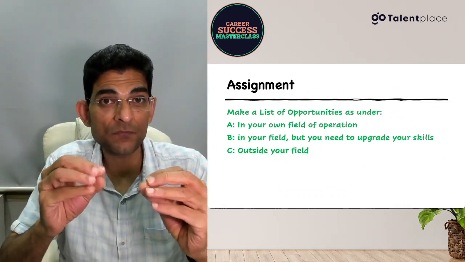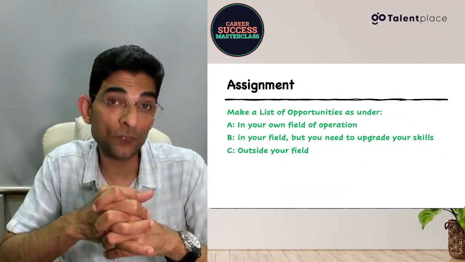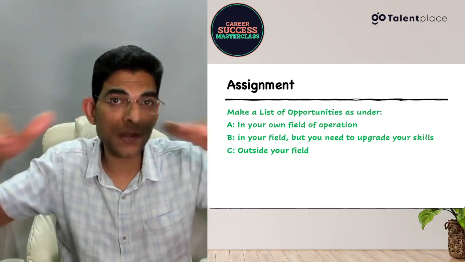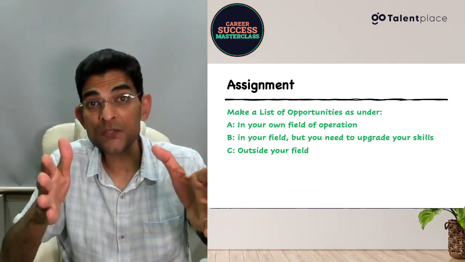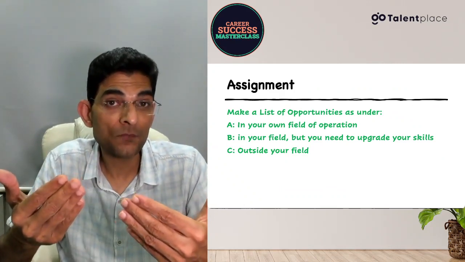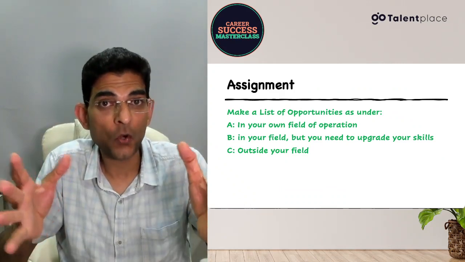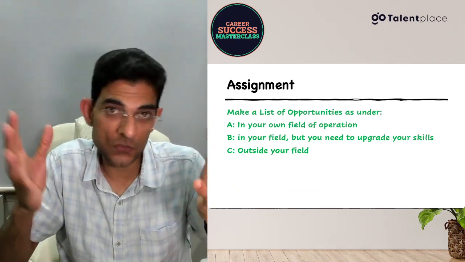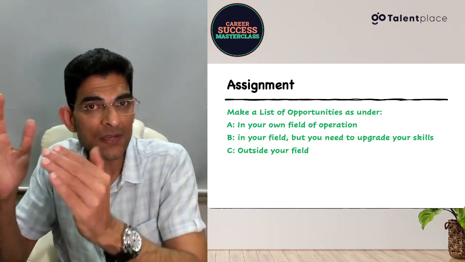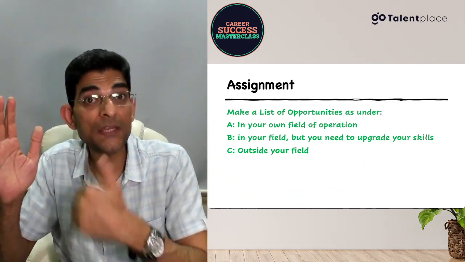B is the list, which is also opportunities in your field, or you can say slightly around your field, for which you need to update your skills. Okay, for example, you have done your CA, or you have done your maybe whatever engineering, but now you find something which is okay related to my field, but I need to update myself.